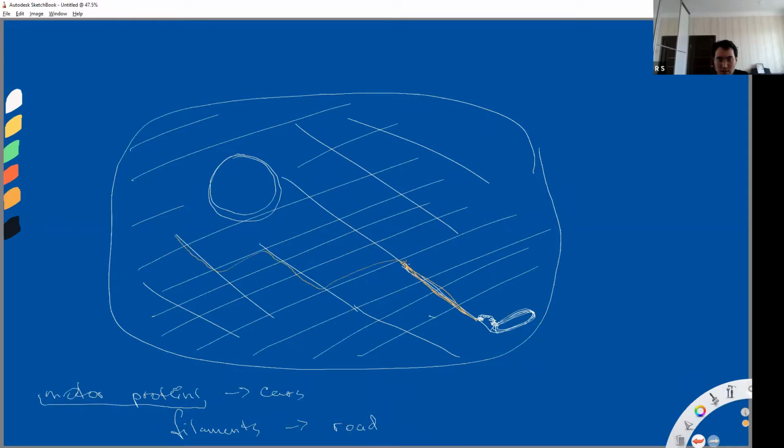Okay, so let's say this was the destination, and whenever it moves, it uses ATP. Since we have movement, we need energy to fuel it. So ATP is kind of gasoline.